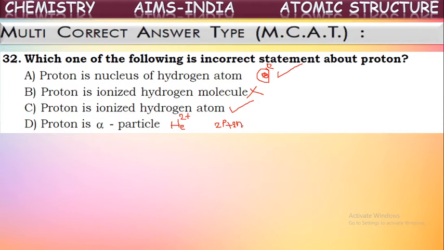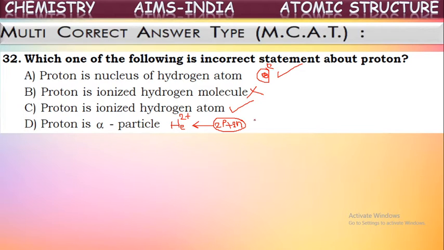These four particles together called as one alpha particle. So He plus 2 ion contains two protons and two neutrons. It is not a single proton. So alpha particle means He plus 2 ion or group of two protons and two neutrons. But it is not a proton.